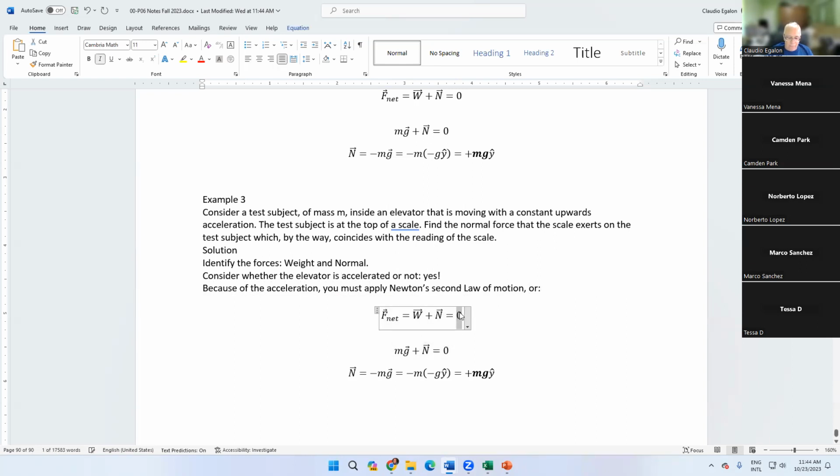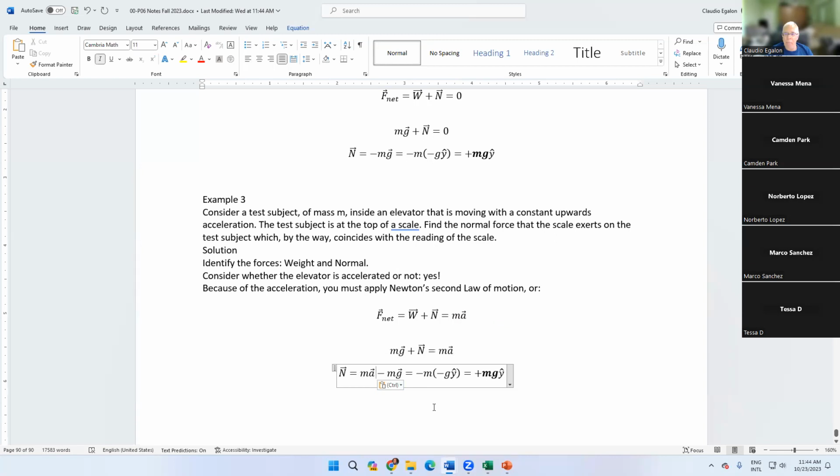Now we're going to have mass times acceleration, like that. Don't forget the acceleration is upwards. And we must have another term right in here.